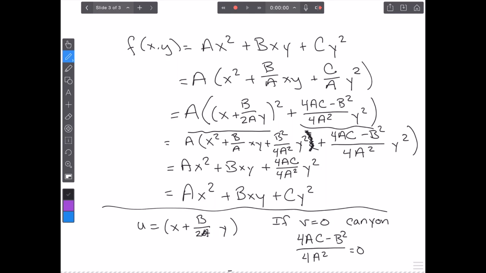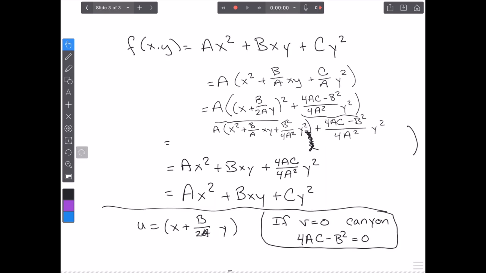Or if we wanted to be simpler about it, pretending a is never 0, we could also just make the condition totally about the numerator, because the denominator is always positive if we assume a is not 0, so it won't actually change the answer. So for a canyon, we have this condition here, which says that 4ac minus b squared is equal to 0.